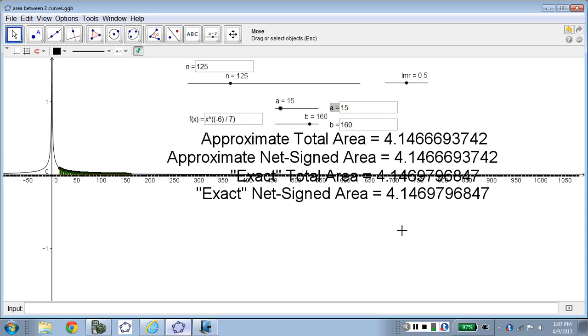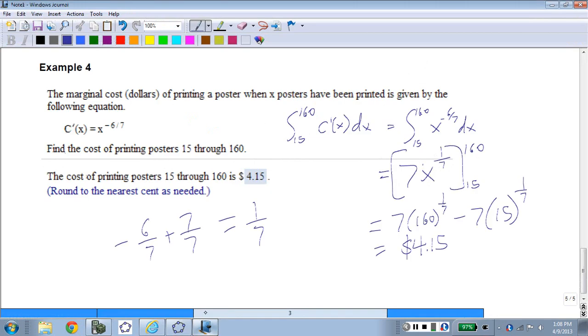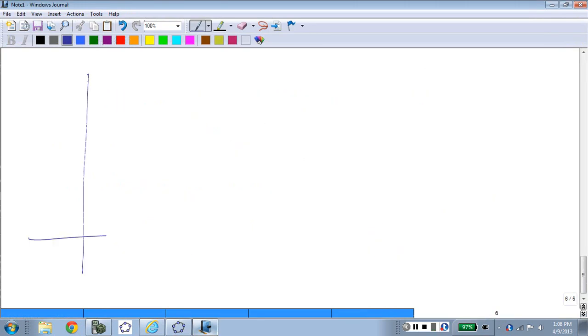Why does integrating the marginal cost, finding the area underneath the marginal cost function, give us the total cost for these particular t-shirts? Let's see. Suppose we have c prime of x, but we need something nicer than this function. This was hard to read here.